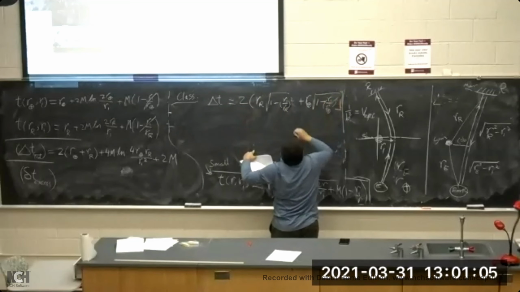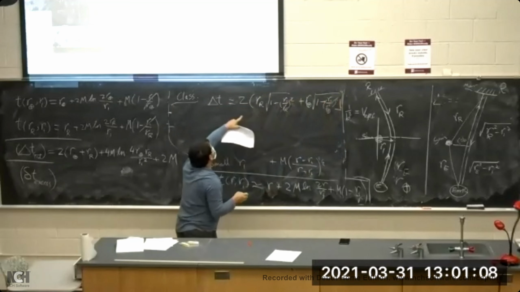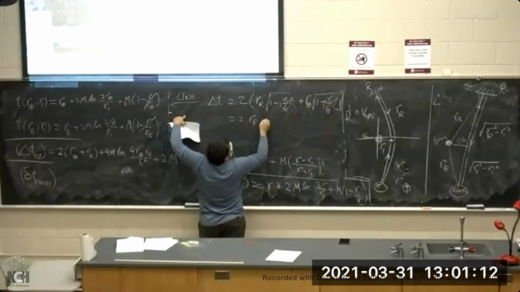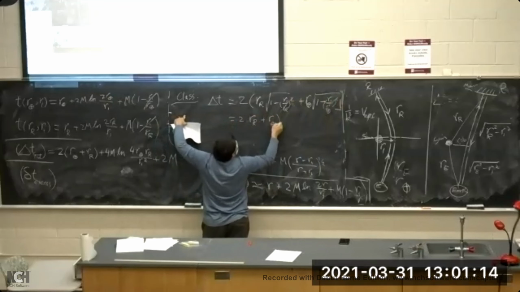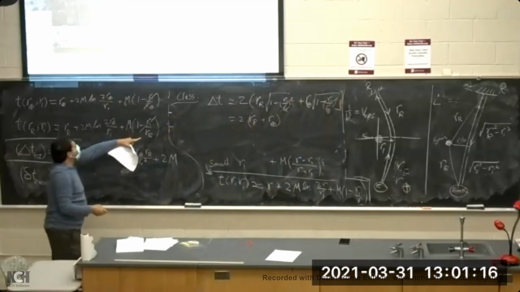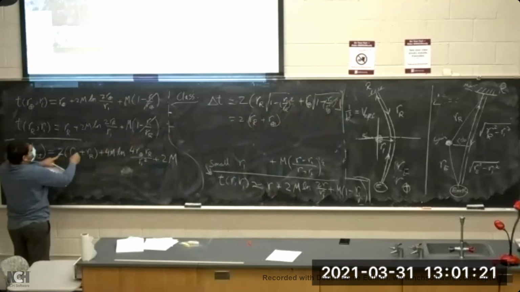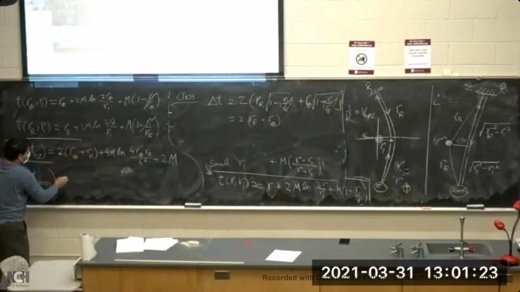Again, we can cancel this term and this term. Then we have just the relation delta T equal to 2 times R for the reflector plus R for the Earth. We need to remove this time from this, so that will cancel with this.